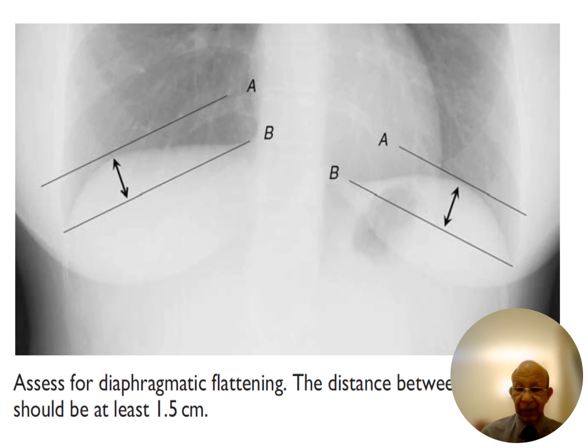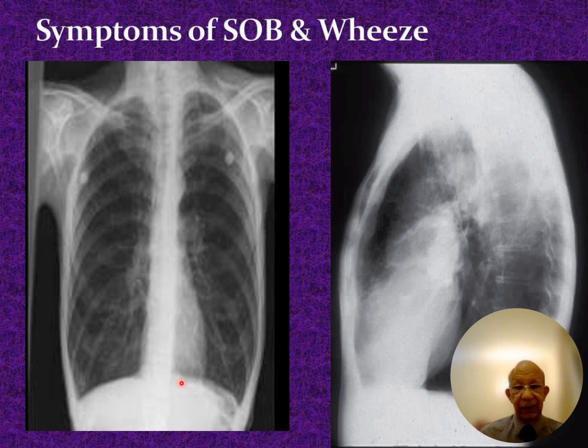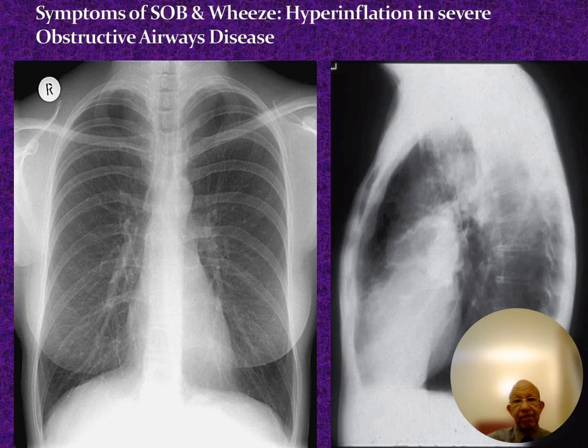So it means that the diaphragms are flattened, and you can see these diaphragms are flattened, hyperinflated lungs, right, a barrel chest, and this is typical of obstructive airway disease, like COPD. Okay, we see wheezing and hyperinflation, flattened diaphragms, and increased retrosternal space and retrocardiac space because of the barrel chest.